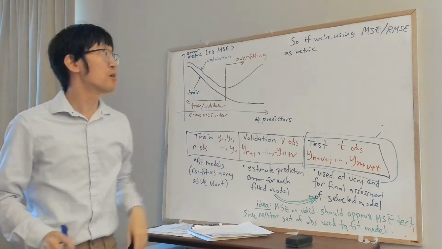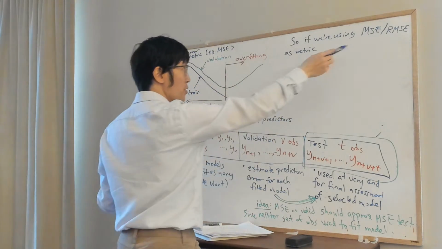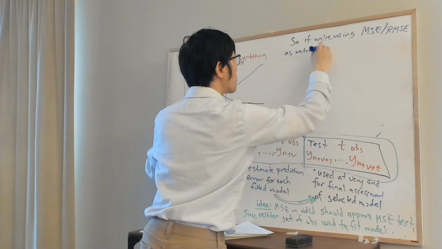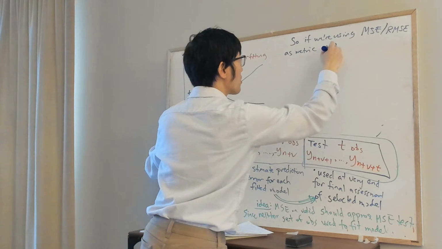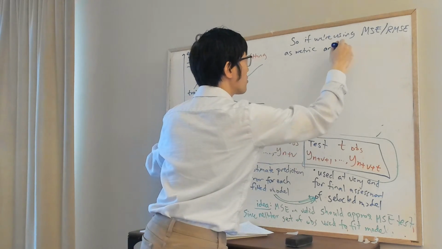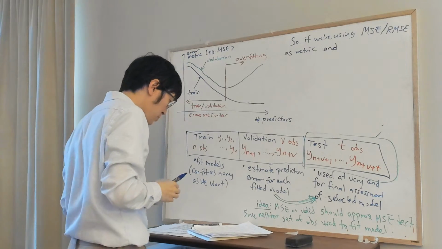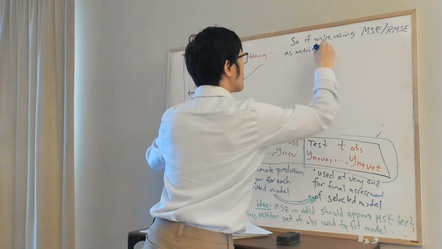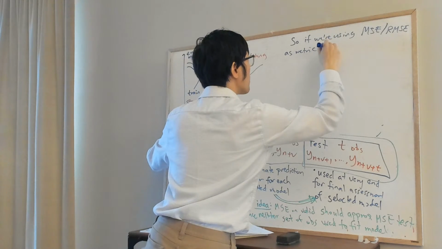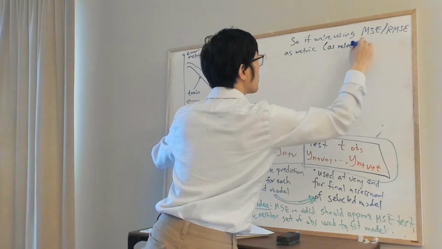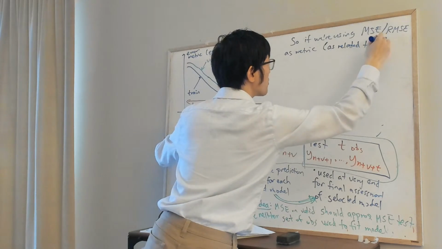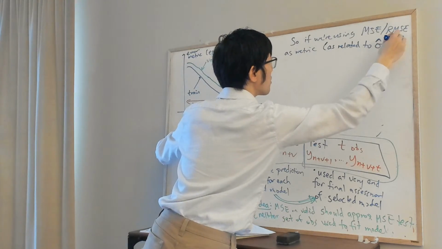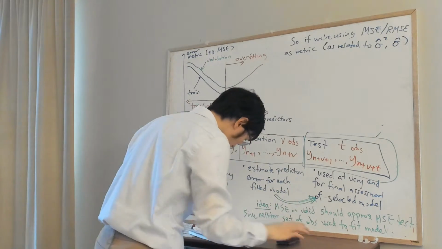These correspond in their relationship to sigma squared, and we're using these metrics and their associated values in the regression model. Mean squared error is related to sigma squared, and root mean squared error is related to sigma. Let me remind you of that point.